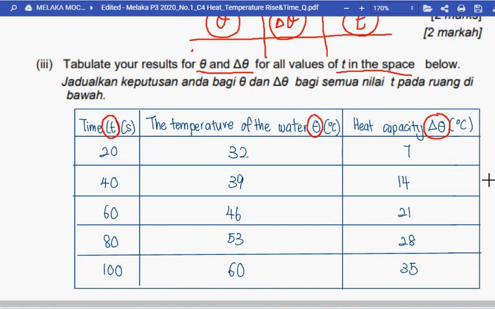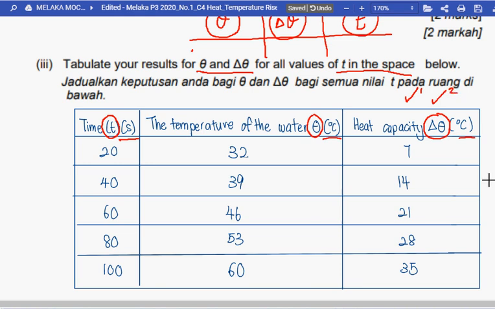So for this 1, 2, 3, that is the first tick. Second tick will be for the unit, degree Celsius, degree Celsius. All the columns must have unit. So that will be the second tick.